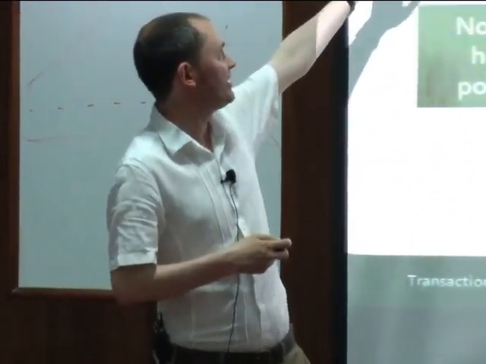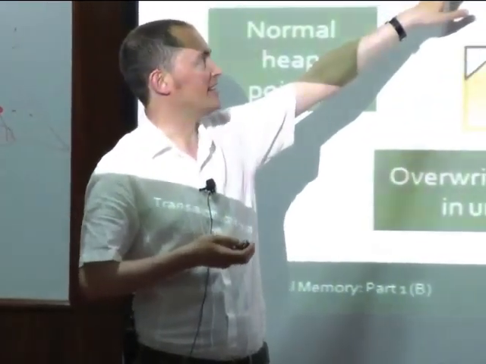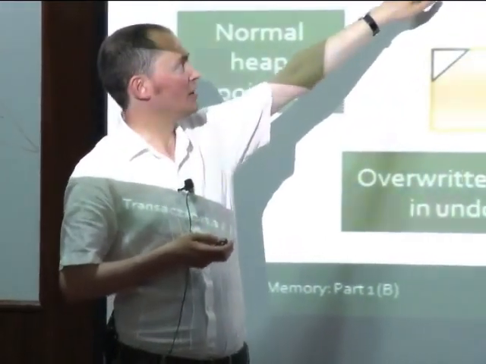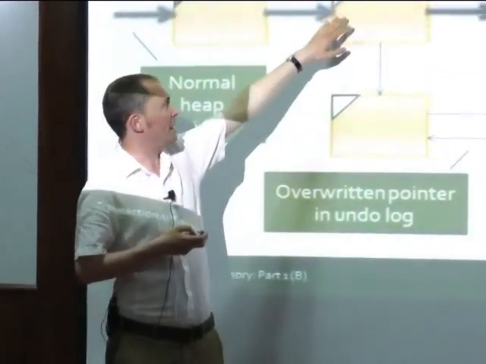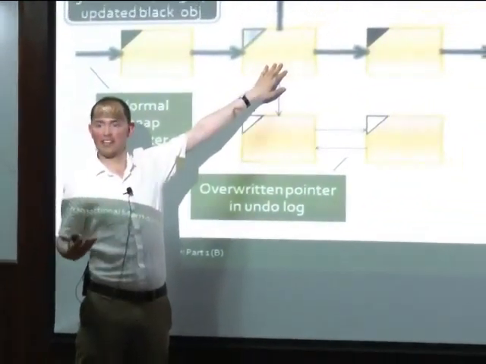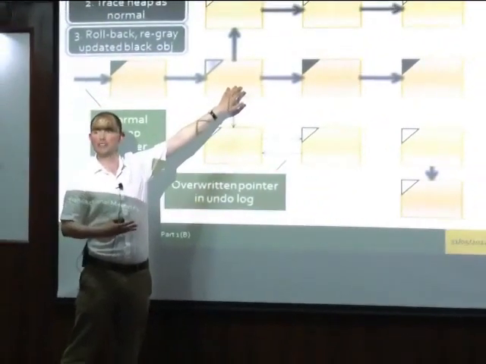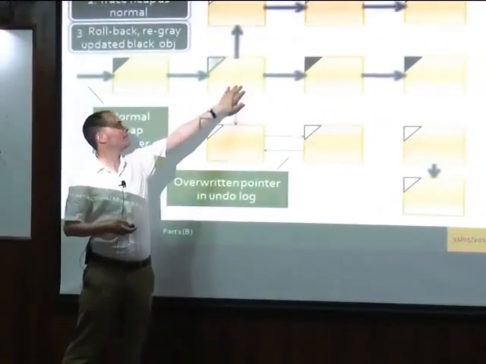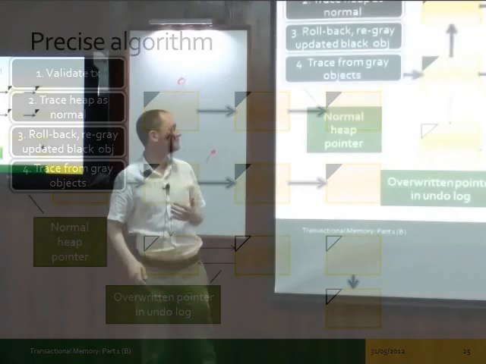And we mark as grey any objects that have been updated by those transactions. So in this case, this was a black object before that we've updated by one of the transactions. If the transactions were to be rolled back, this could become a root of some new piece of the heap that gets reachable again. And then we rerun the collection, tracing from those grey objects, marking everything that's reachable from them.